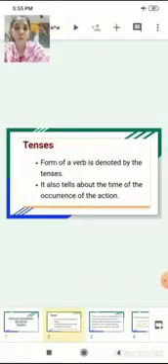Form of a verb is denoted by the tenses. It also tells about the time of the occurrence of the action. So what is tenses? Tense is a form of verb that describes the relation between time and action. It gives time to the action.